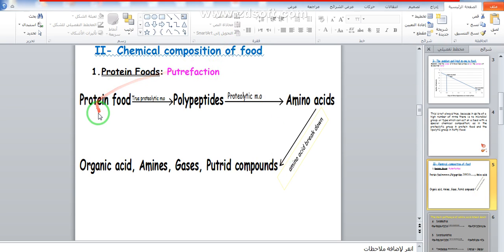So, protein food with a true proteolytic microorganism will be converted to polypeptides, and these polypeptides with a proteolytic microorganism will be converted to amino acids, which will be broken down to butyrate compounds, gases, amines, and organic acids.